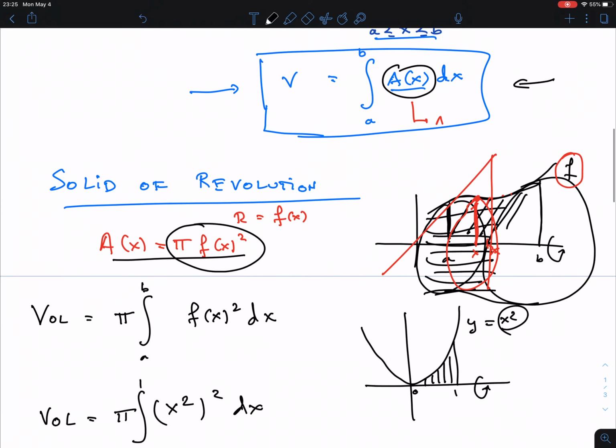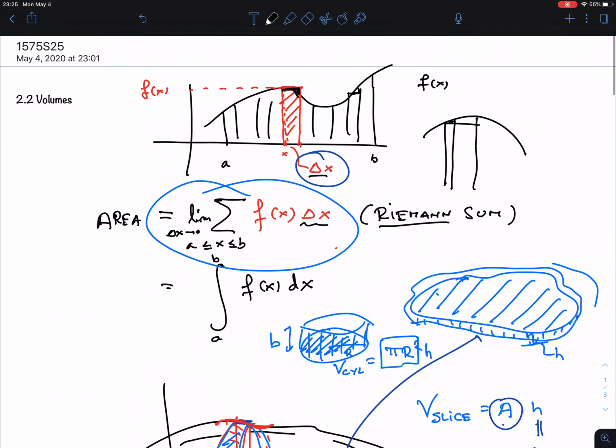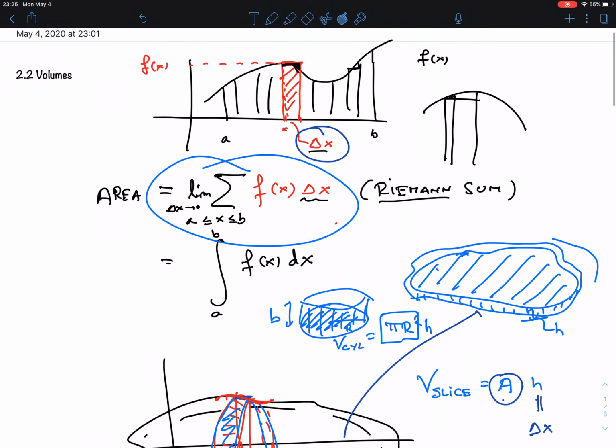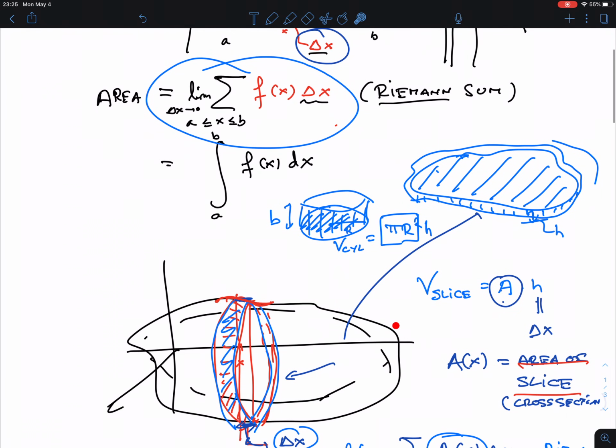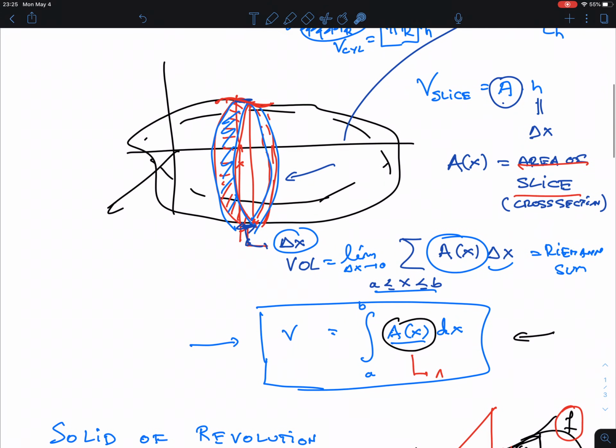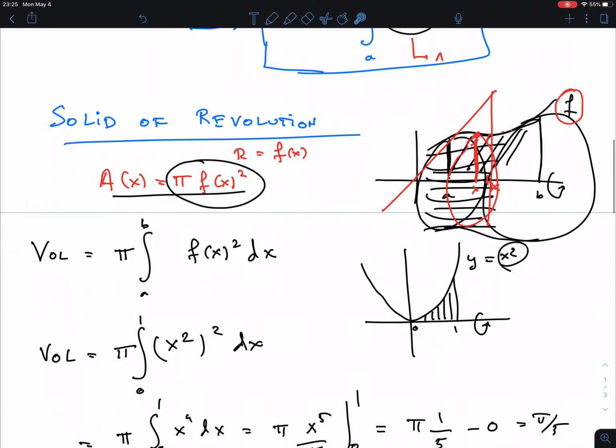What I was describing was a region along a curve that we then rotate around the x-axis, and then we get a volume, a solid, and the formula for the solid is given by this formula here.